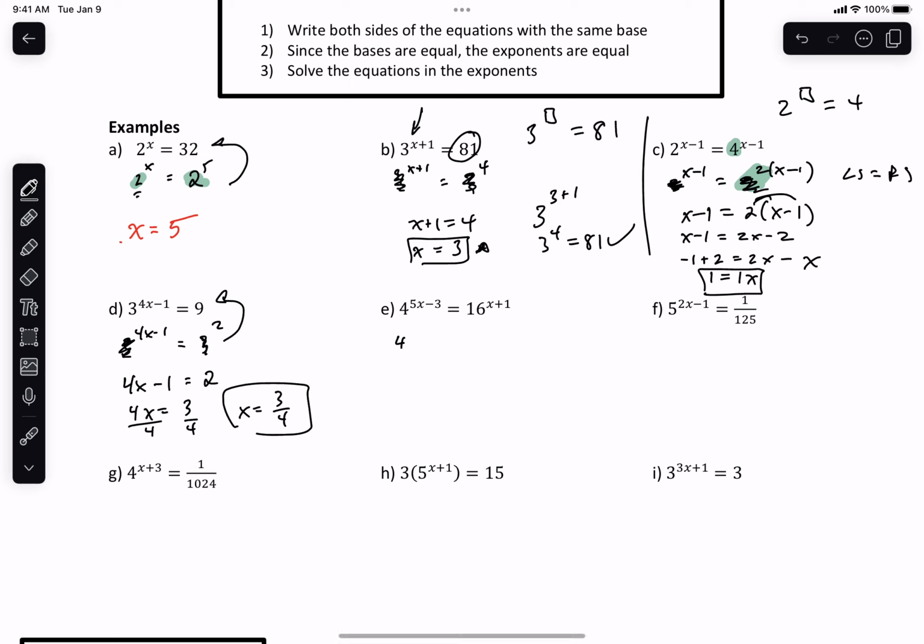Okay, 4 to the 5x minus 3 has to equal 16. How do I represent 16 with a base of 4? 4 squared, very good, you're catching on. All right, 4 squared. Now just be careful, the exponent doesn't go anywhere, so you have to represent it as x plus 1.